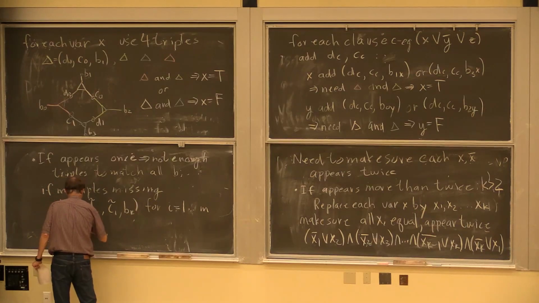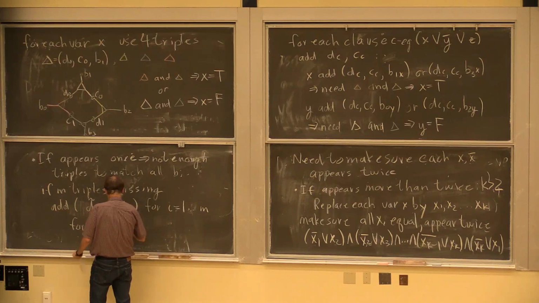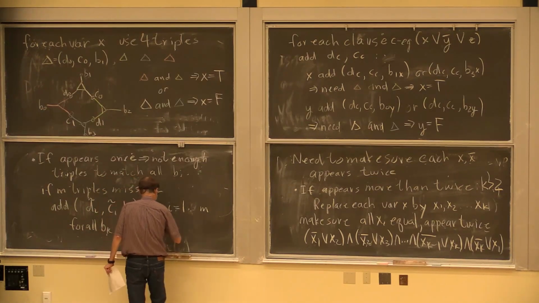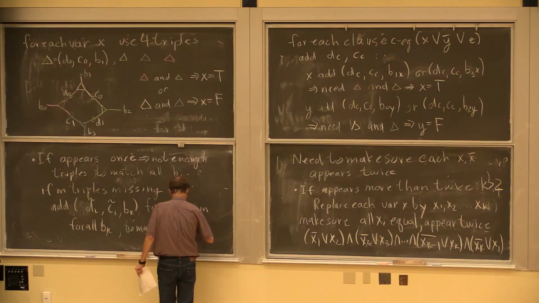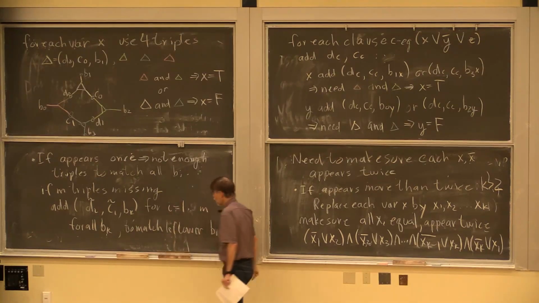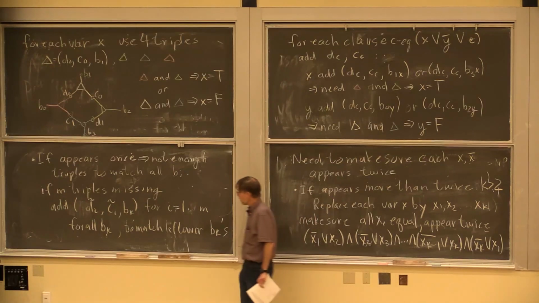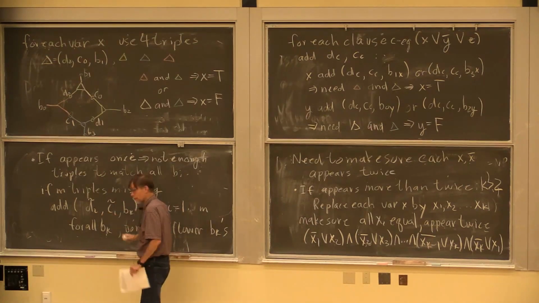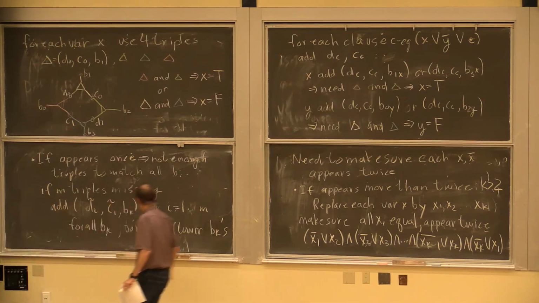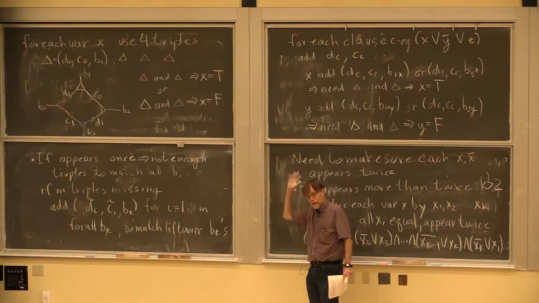I'm going to do this for all of the b's, to match the leftover BKs. So I'm adding lots of triples to catch whoever's left over. These don't correspond to clauses anymore. And that cleans up everything if I just have single appearances.